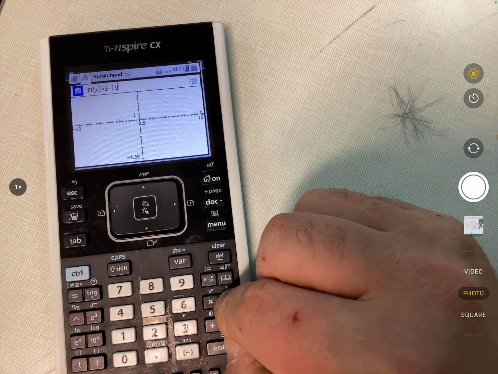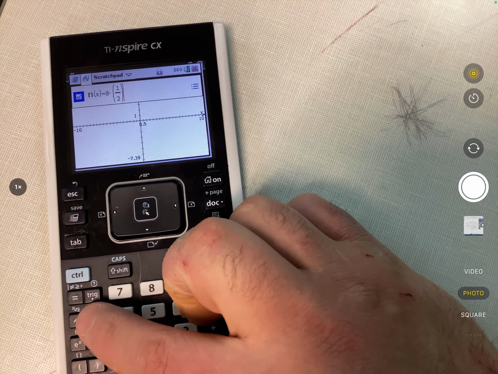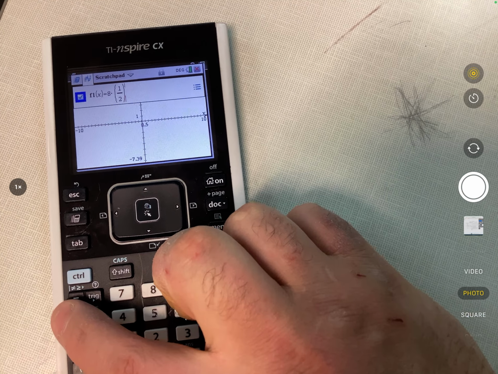I want to have the fraction, close it, raise it to the x, and I'm going to use that x on the bottom, and that's going to be the equation that we were looking at here, and we hit enter, and it gives us our graph. Menu, table, so 7, 1, because I want to see the table, and now I have this graph where I can scroll up and down through this and see what these numbers look like. I can even see what the graph looks like, okay?